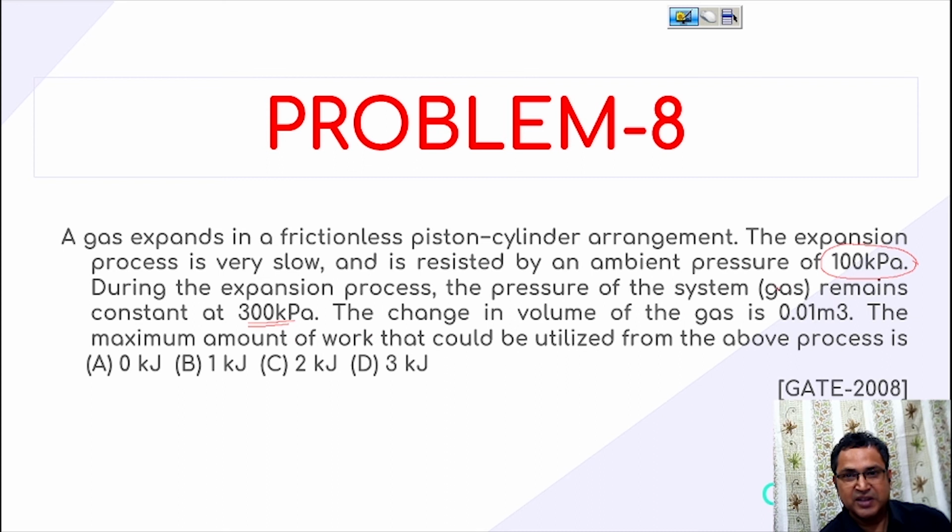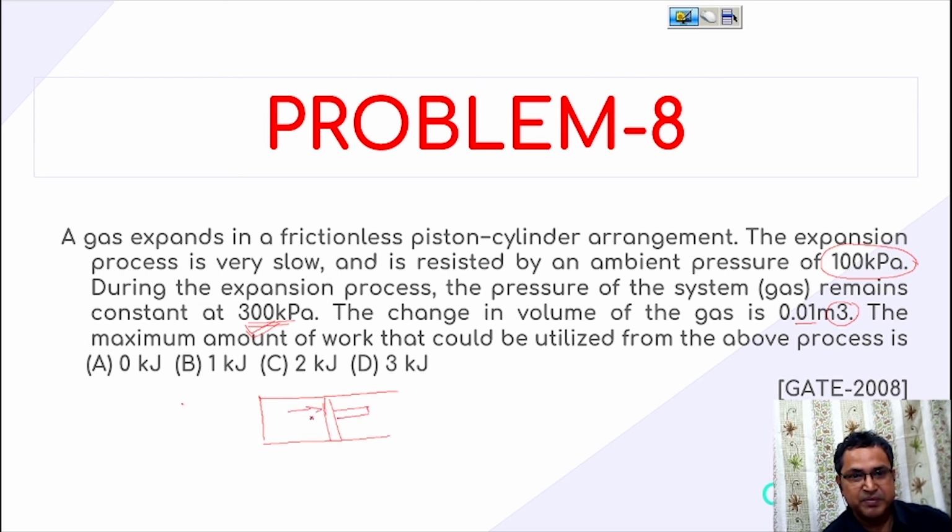So it is nothing but an isobaric process. The change in volume of the gas is 0.01 meter cube. This is the change in volume. The maximum amount of work that could be utilized from the above process is, since 300 kilopascal is the constant pressure and it moves against the ambient pressure of 100 kilopascal. Suppose it is something like this, and here this is the piston.